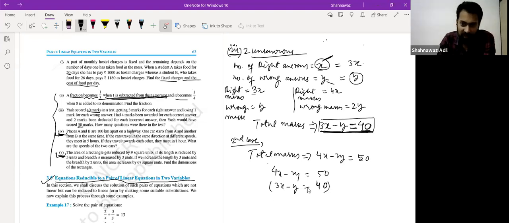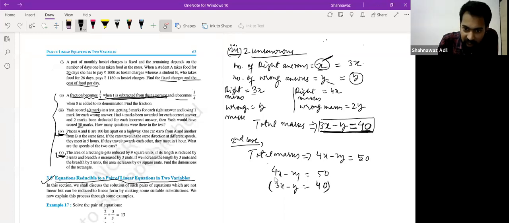I think you made a mistake. 3X minus Y is 40, and 4X minus 2Y is 50. Yes. My bad. So Adil, what should we multiply here?